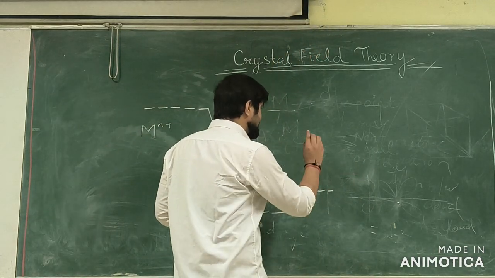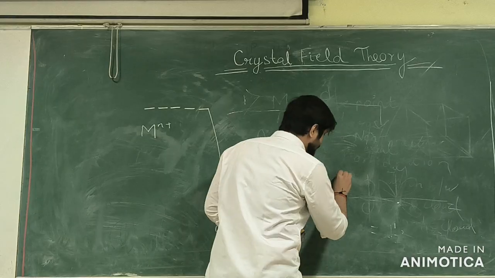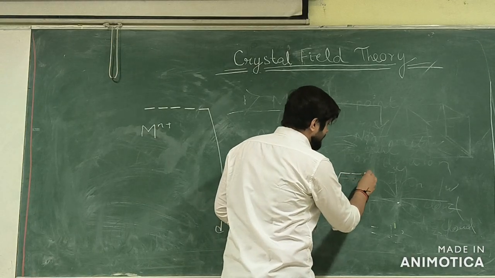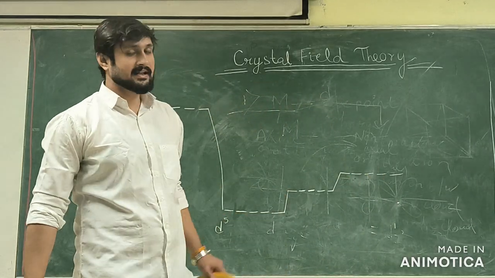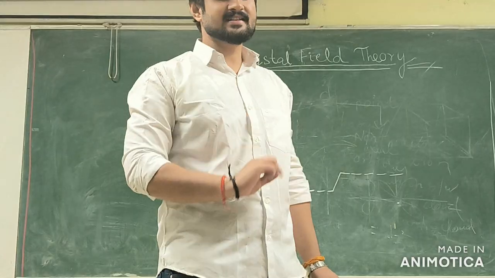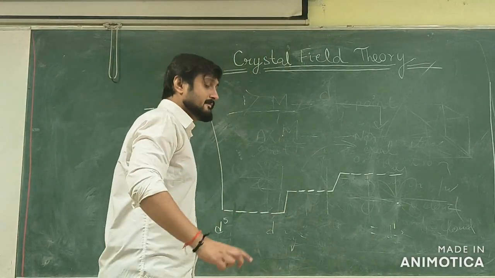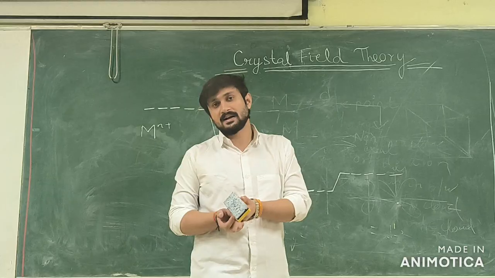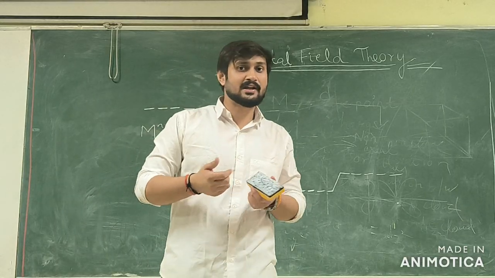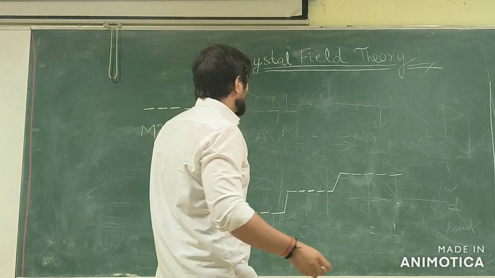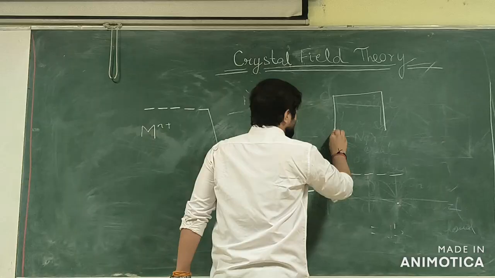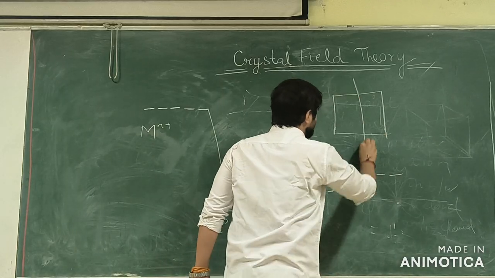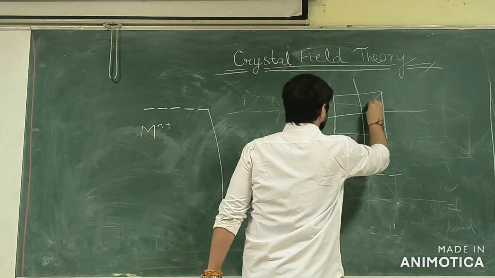That will further destabilize our d orbitals. So we might think the final picture should be like this, but there is a catch. We have just seen that the orbitals are axial and non-axial, and the octahedral geometry looks like this.